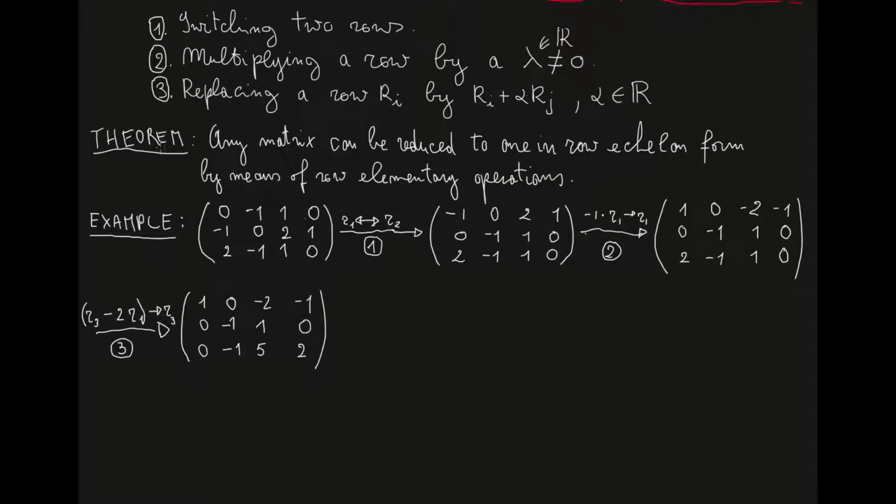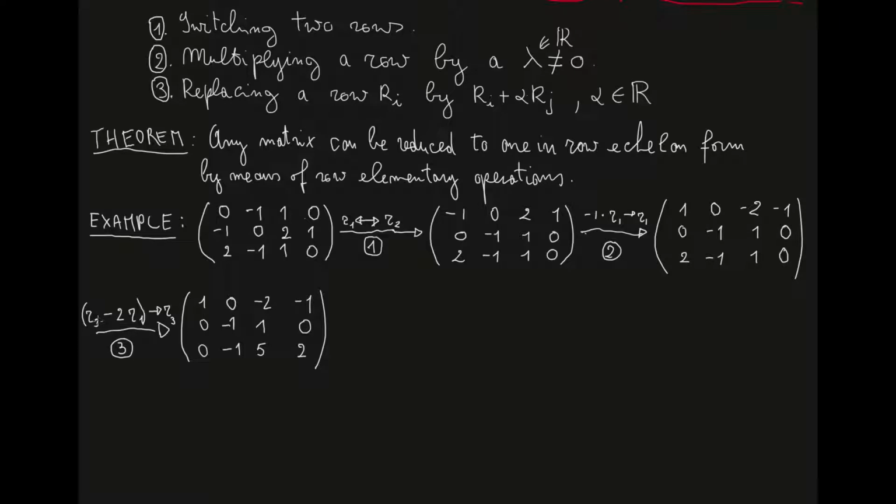Next operation is of kind 3, the operation of kind 3 that we mentioned before. So we can use this number 1 to kill this coefficient 2 down in the third row. So the operation is, we take row 3 and we sum to it row 1 multiplied by a scalar. In this case it is -2.